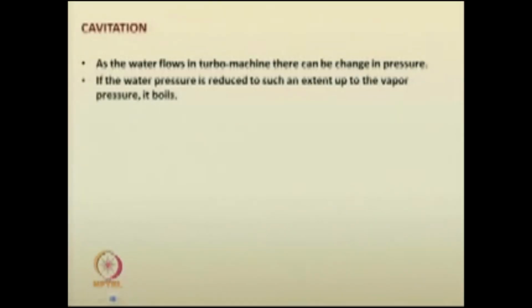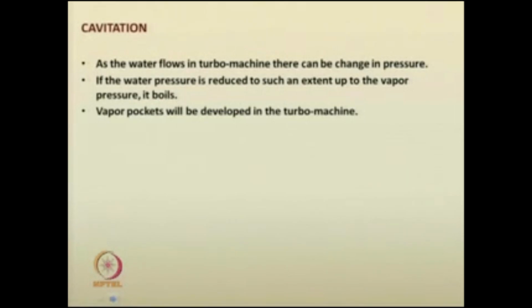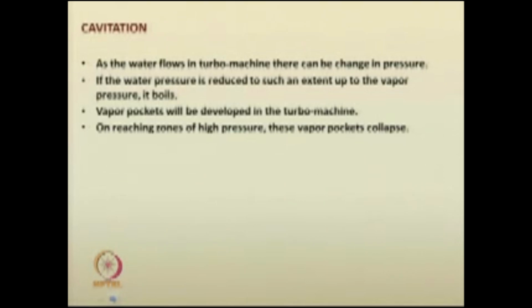If the water pressure becomes almost equal to the vapor pressure, in that region water starts boiling, or becomes vapor. So, the liquid portion becomes absent in that situation. Vapor pockets will be developed in the turbo machine. These vapor pockets also move along with the fluid.